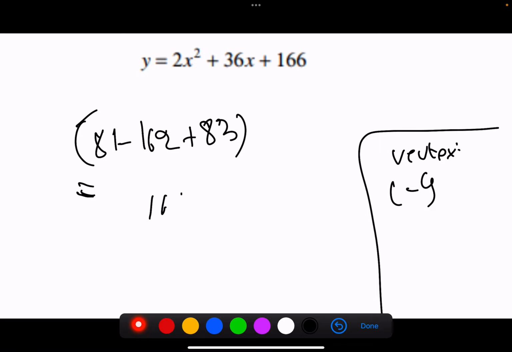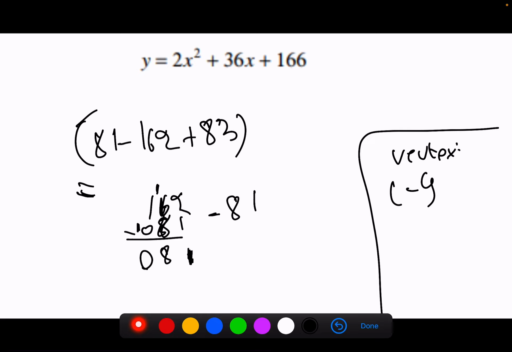So this should give me, let's see. If we do 162 minus 81, we get 2 minus 1 is 1. 16 minus 8 is 8. So I have 0, so we're left with 81. So we have negative 81 plus 83, which is 2.